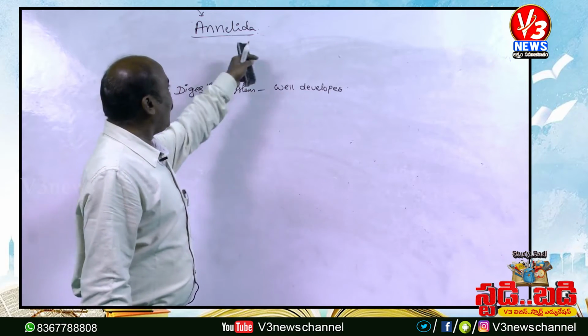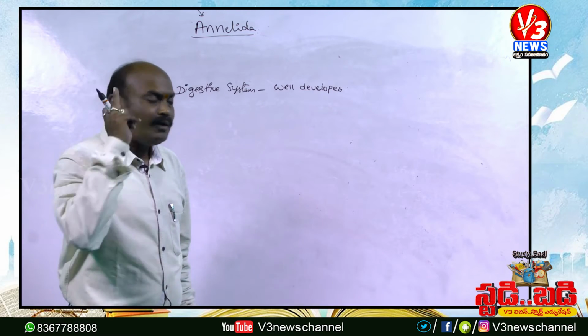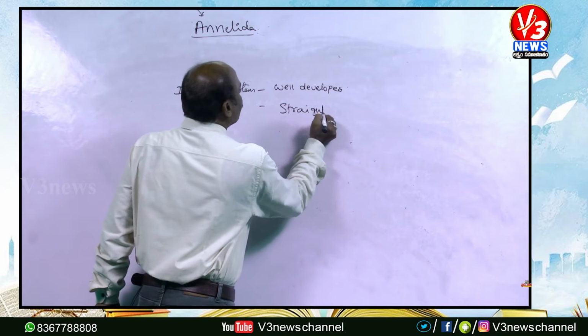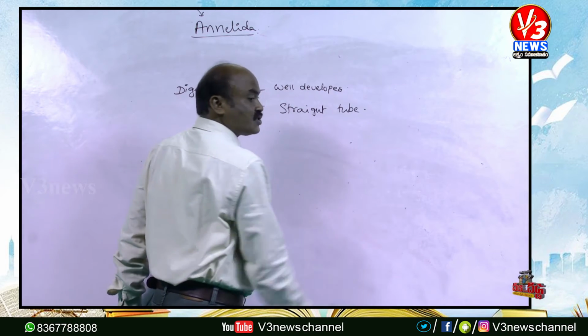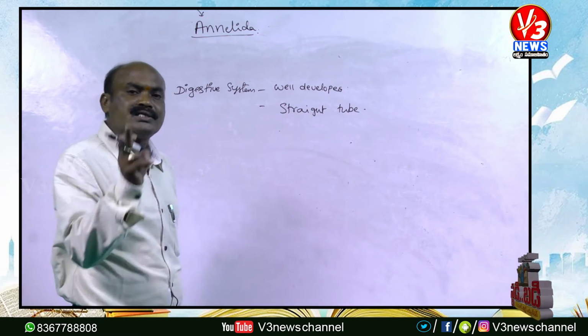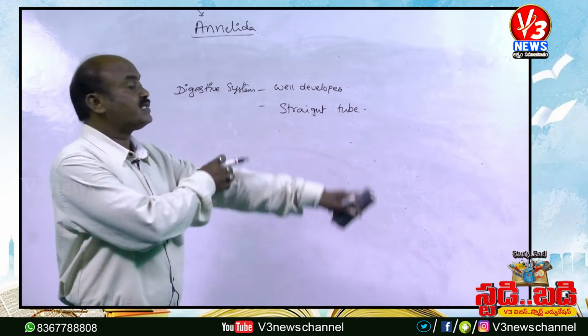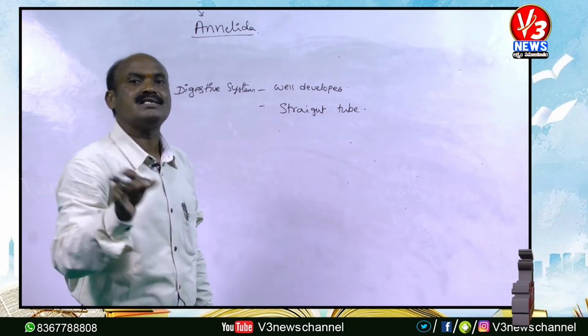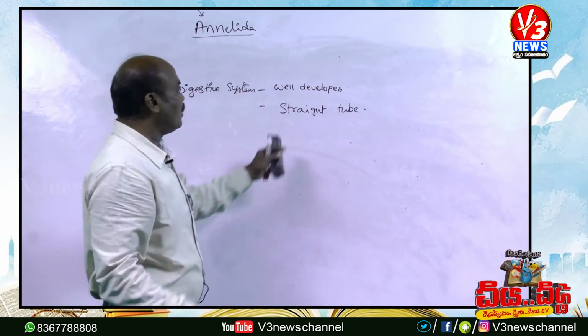Here in annelids, the alimentary canal is a straight tube-like structure. The length of the alimentary canal is equal to the length of the body. So that's why it is straight.